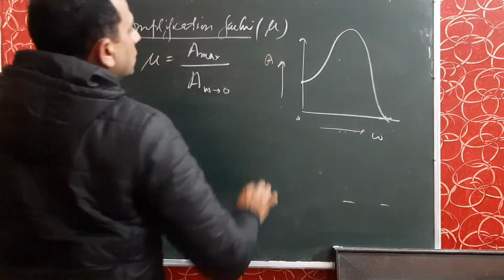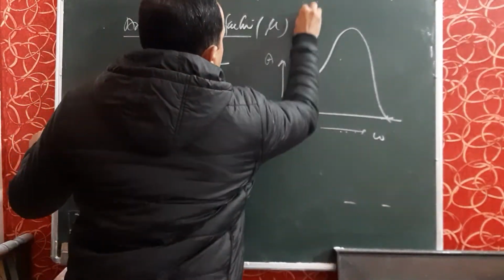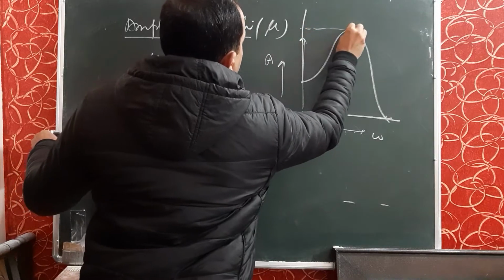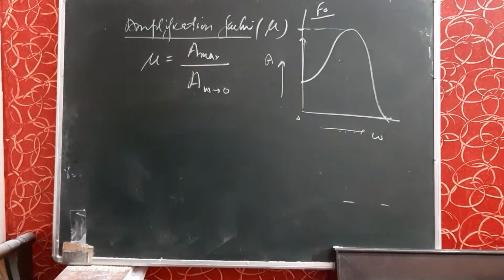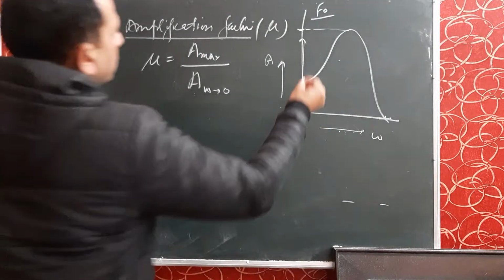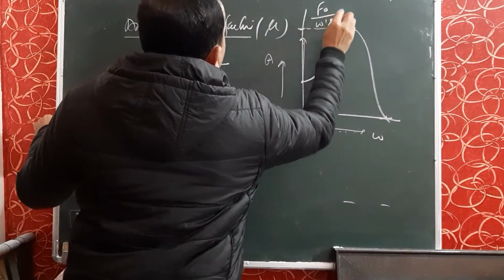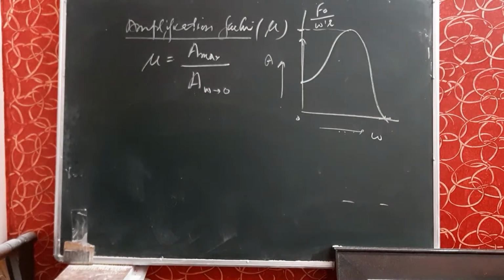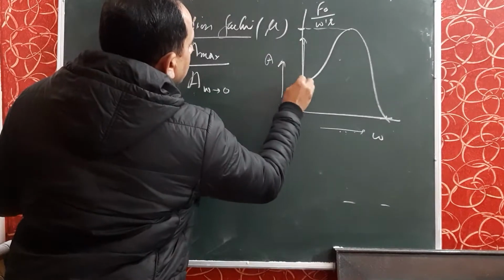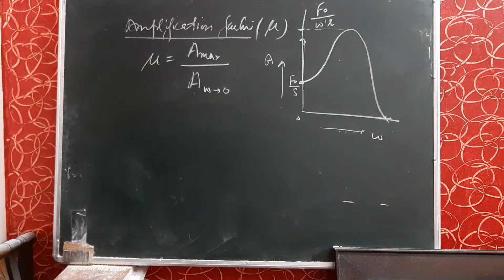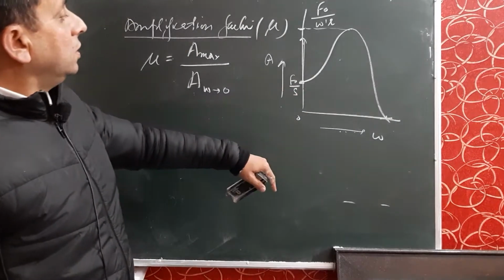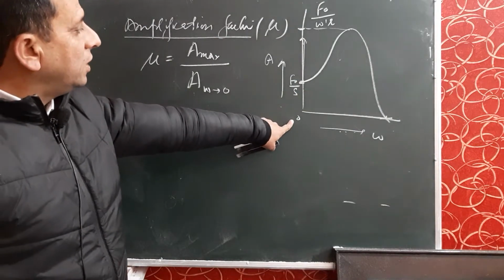The maximum value of amplitude is f naught over omega dash r, where omega dash is the resonance frequency, and the minimum value is f naught by s, that is the amplitude at frequency tending to 0.